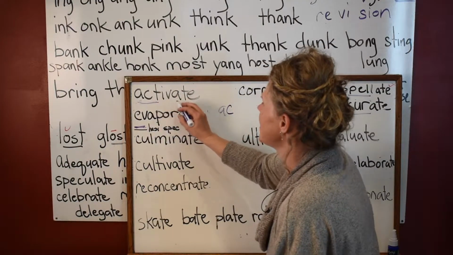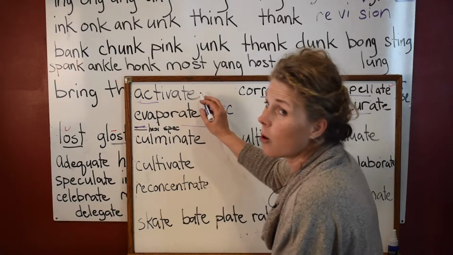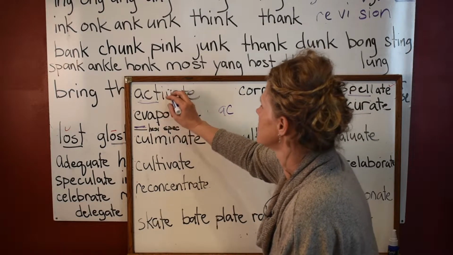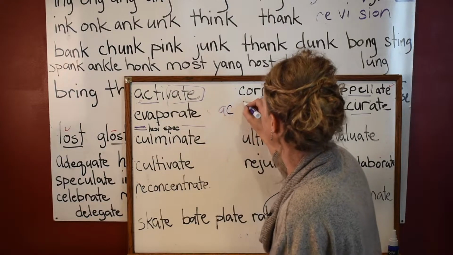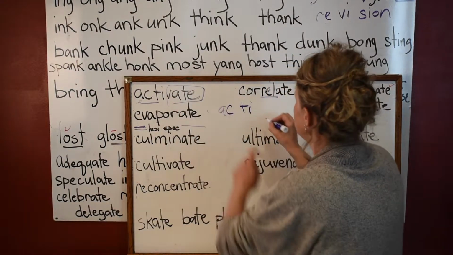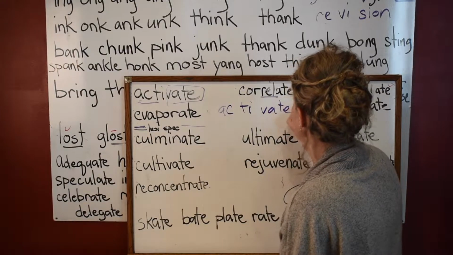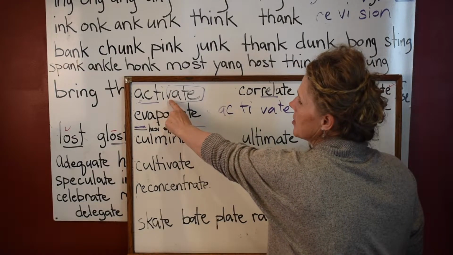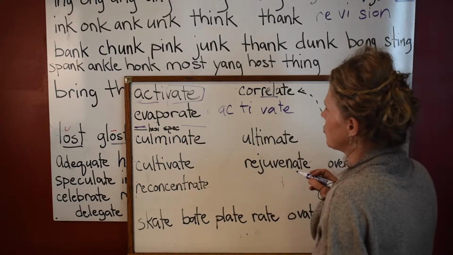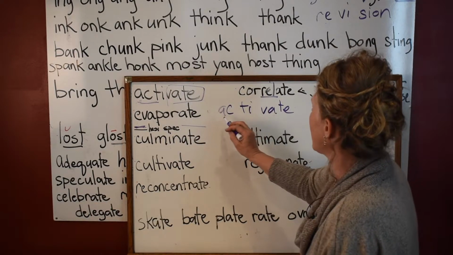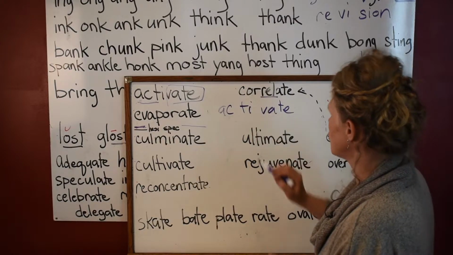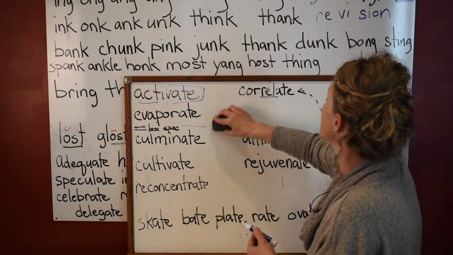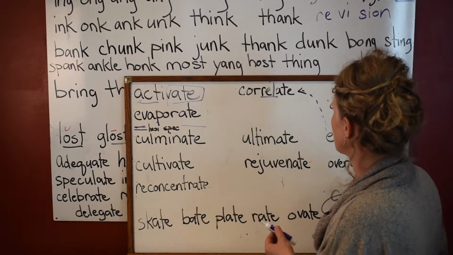Now we know the ATE is going to stay together always, and most likely you're going to grab this vowel. So we're going to just go T-I and then V-A-T-E. The time when you would be worried is if that was a vowel and an R, if that's going to grab it over or not. And so we have activate, short I's in the middle, say its short sound.